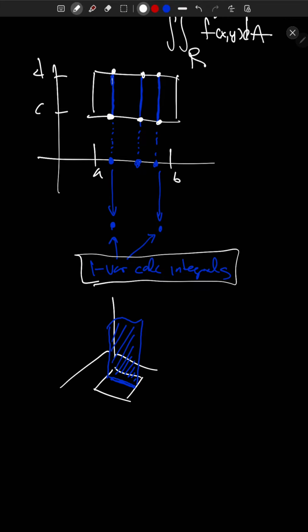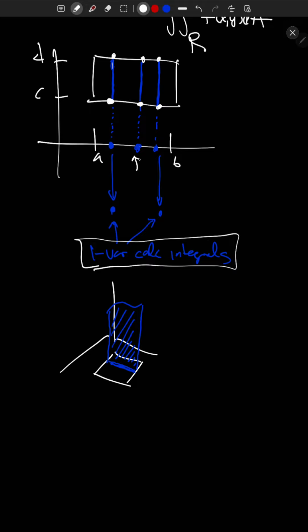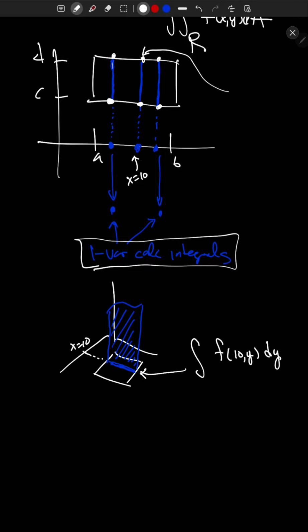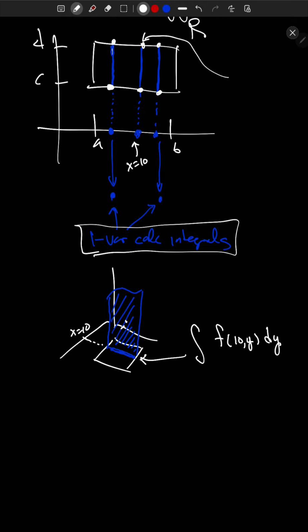So for example, if this middle value were x equals 10, then when we add up the area for this strip, we're going to get the one variable calculus integral of f of 10 comma y dy, again from y equals c to y equals d. All right, so just one variable calculus.